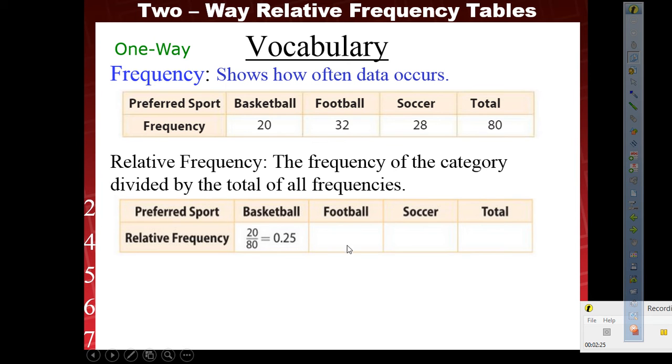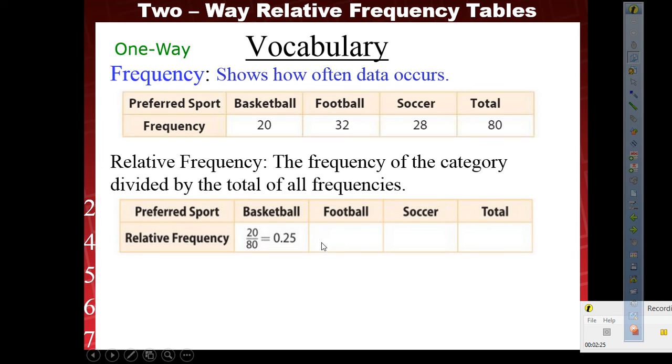Therefore, with that same idea, look up, please. What would you write for the relative frequency of football? Talk it over with your neighbor, please. What would you write for relative frequency for football? Okay, let's see. What would you write in there? Go ahead, Jonathan.